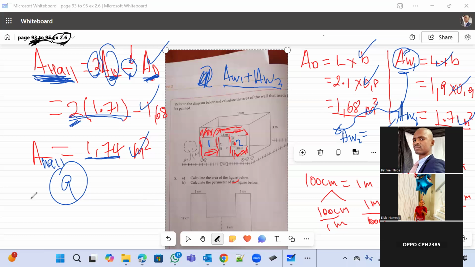When we talk about area, we are talking about the region that covers the whole shape. That's why I'm shading here to say this is the area, okay? The wall. Then I'm saying this shaded part, you want it alone.